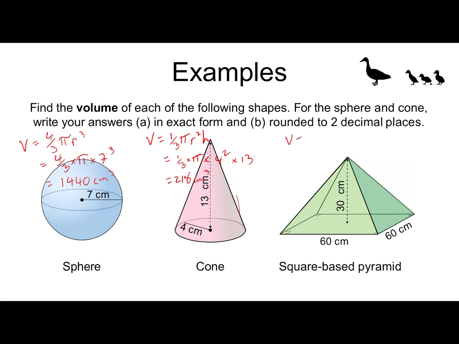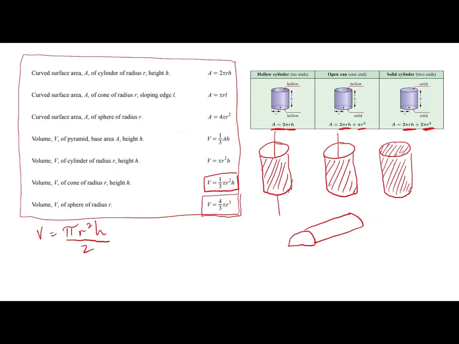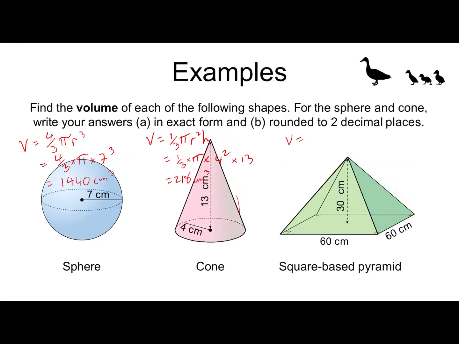Okay? And what about the pyramid? The volume of a pyramid is very similar to the volume of a cone. It's 1/3 AH, where A is the area of the base. It's actually the same for a cone, because that pi r squared is the area of a circular base, isn't it? So it's actually the same formula. When it's not a circular base, it's just what is the area of the base, in this case a square.